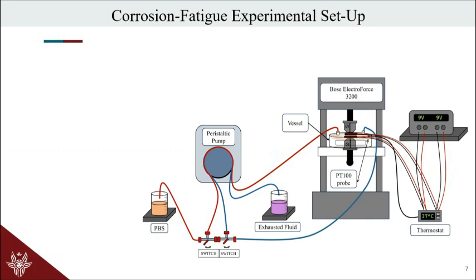In order to do corrosive tests, we had to add a customized vessel that we made in-house, which basically contains a film of liquid medium that only soaks the central part of the specimen, avoiding the grippers being soaked. And then through a connection with peristaltic pumps and piping systems, we are able to create a closed loop of fluid with a constant flow rate and a constant temperature, which is set at 37 degrees Celsius, considering it as the body temperature.